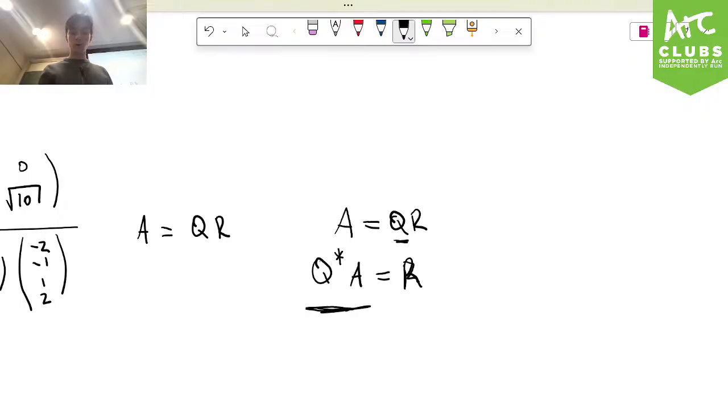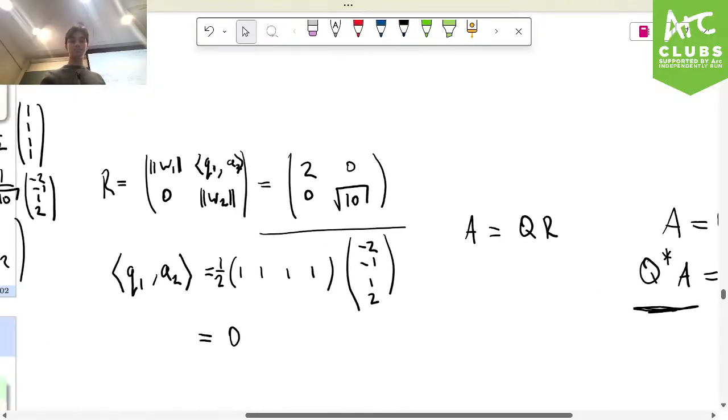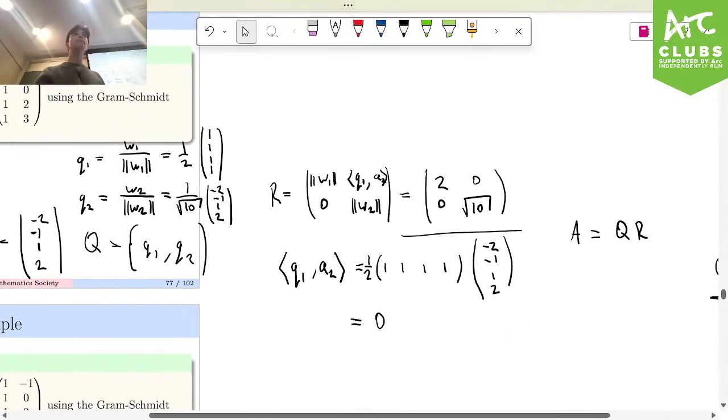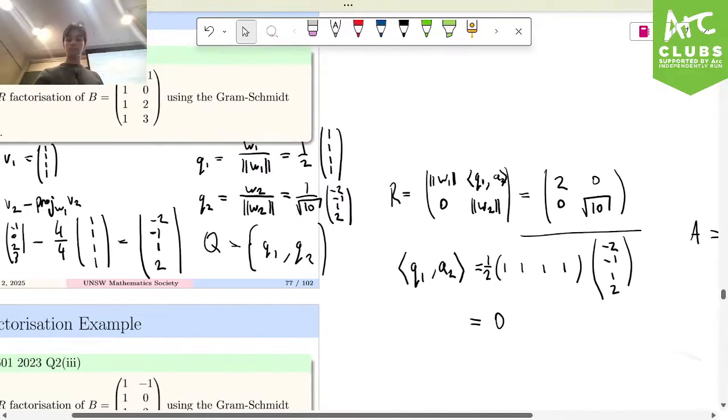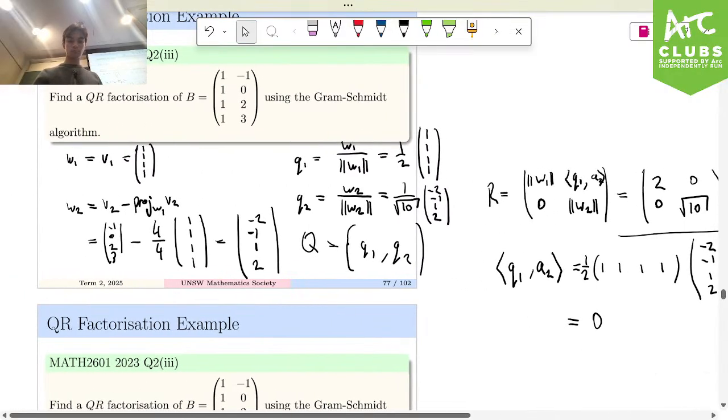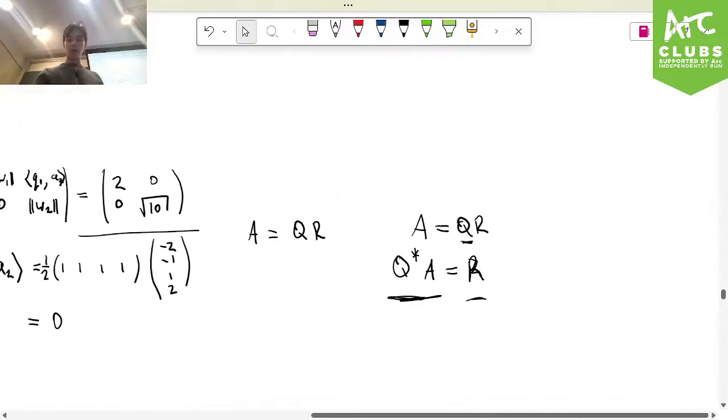So multiplying Q adjoint by A is also going to yield R. That's how I usually remember. R equals Q transpose A. And that should actually yield the same result.